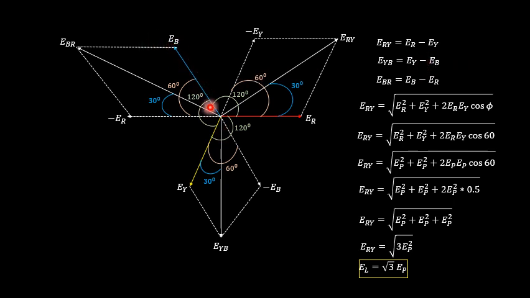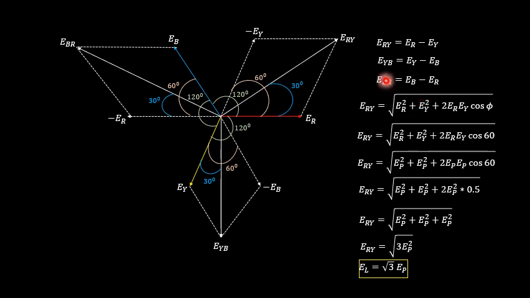Minus EB means it is exactly the opposite direction of EB, so it will be at the bottom. If this is EB, the opposite direction representation will be minus EB. EYB is equal to EY minus EB. I want EYB, so draw a center line which is going to represent EYB and join from EY to EYB and minus EB to EYB. Just like the first case, I can represent the EYB equation.